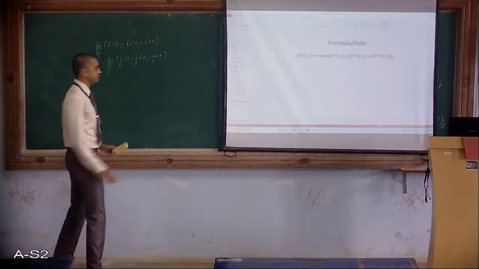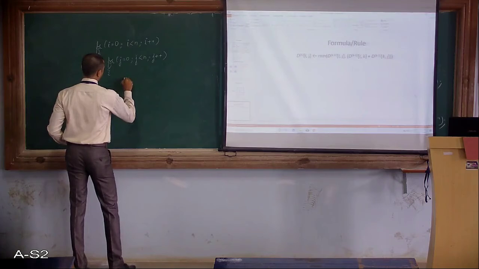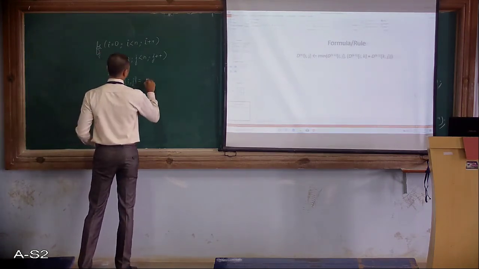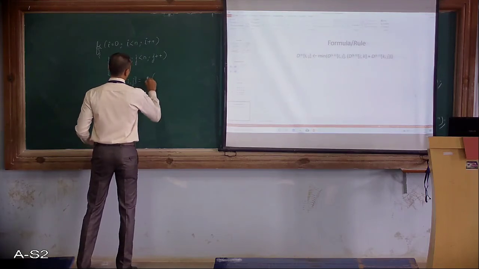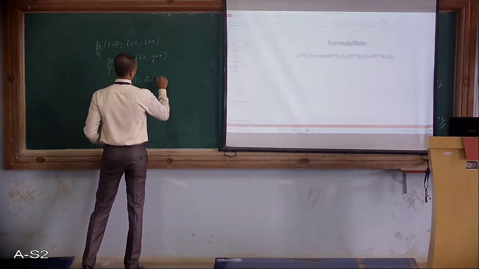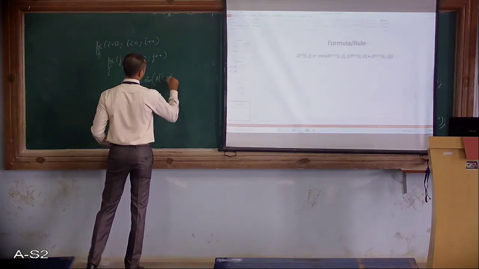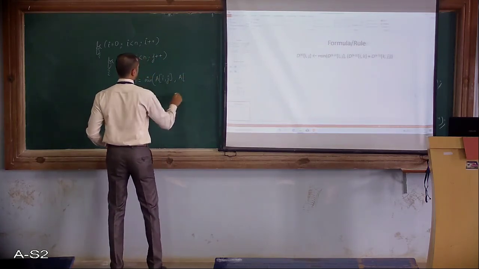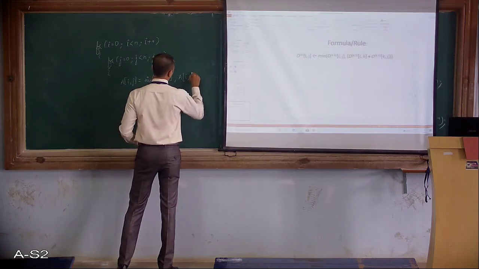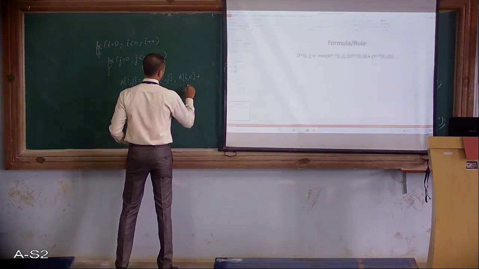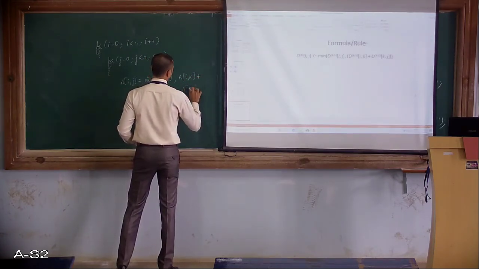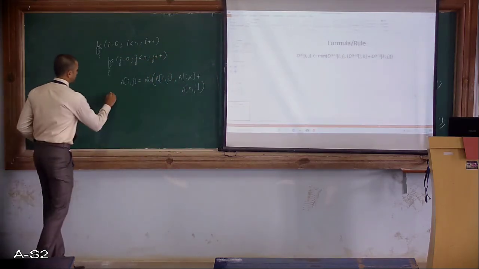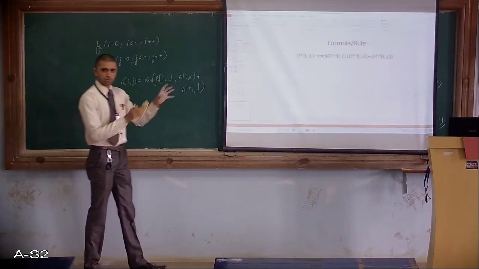I'm going to put that rule inside. So a of i,j is equal to minimum of a of i,j, comma, a of i,k plus a of k,j. This modification is done in the same matrix, in the cost matrix itself.